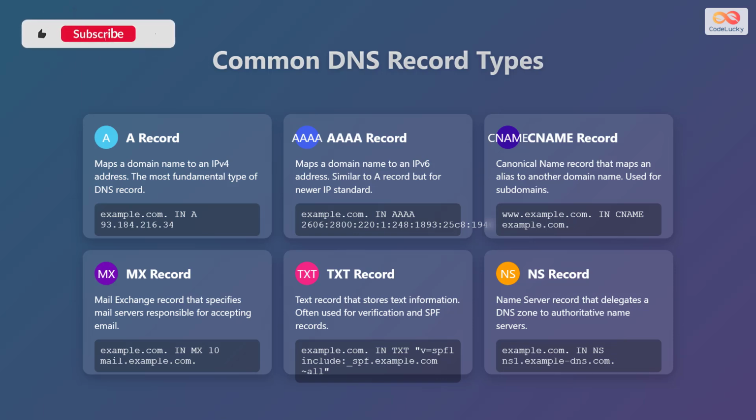We also have the MX record or mail exchange record, which specifies the mail servers responsible for accepting email for the domain. Then, there is the TXT record, which stores text information and is often used for verification purposes. And finally, there is the NS record or name server record, which delegates a DNS zone to authoritative name servers.